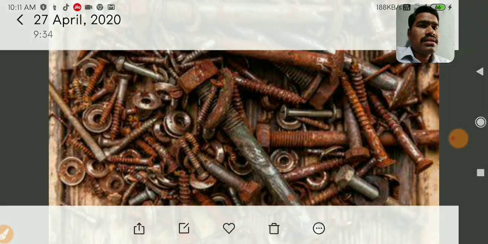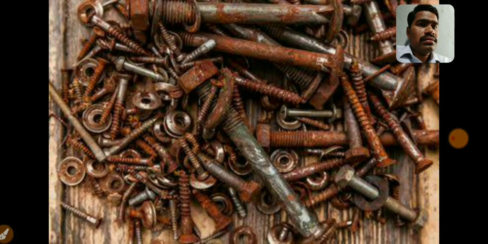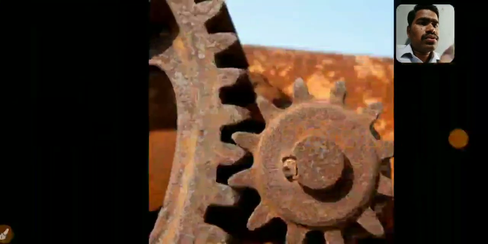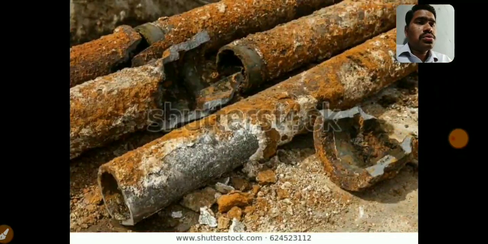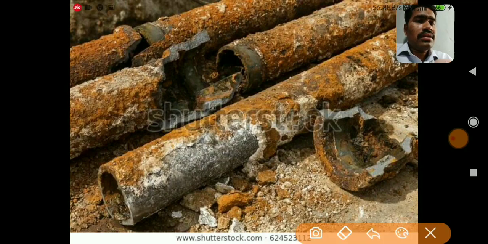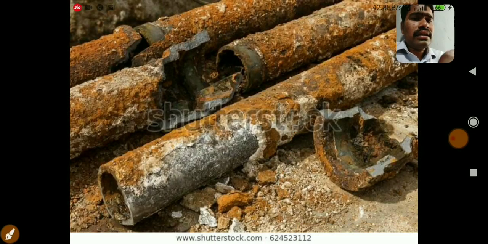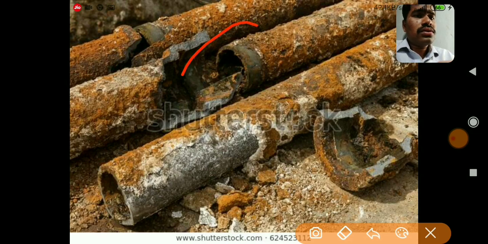Now if you see these bolts and screws, these parts of machineries are exposed to moisture and air, oxygen and moisture. So you can see how they have been eaten up. They are eaten up by corrosion. This is called corrosion of metals.